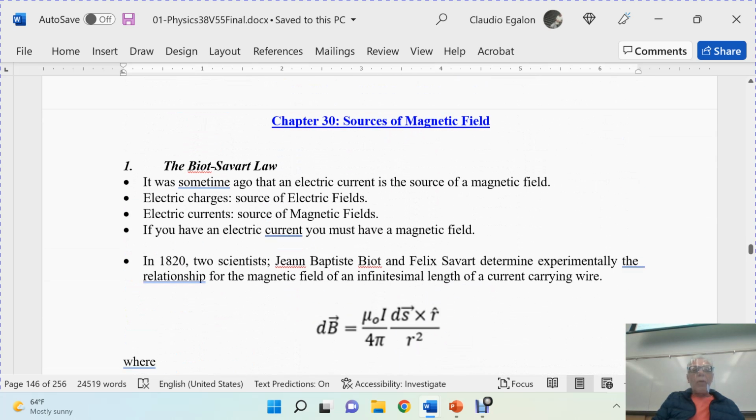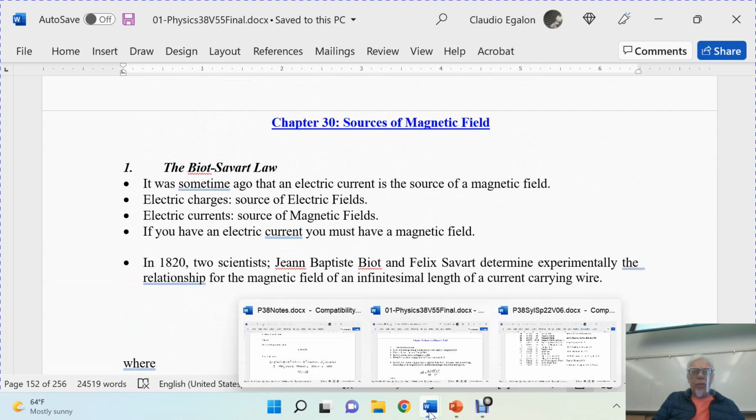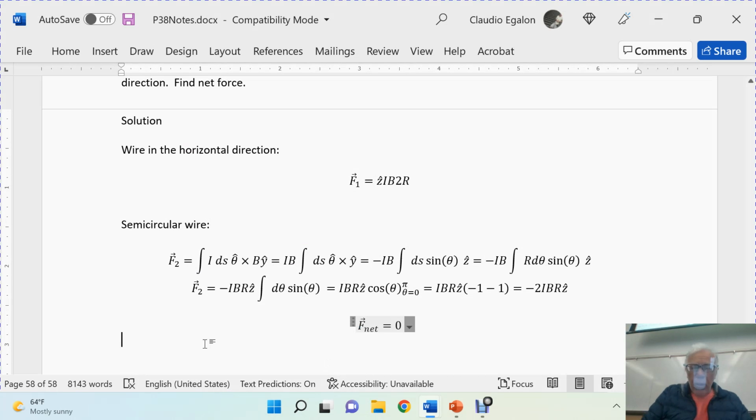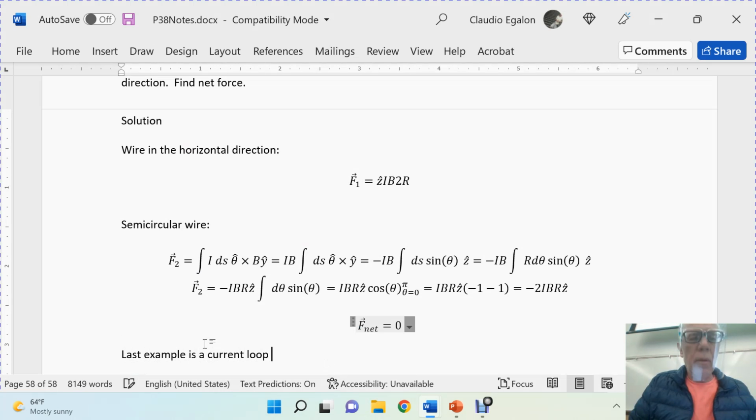Okay, and we can start talking about sources in the magnetic field. So here you go, last example. The last example is a current loop subjected to a magnetic field.